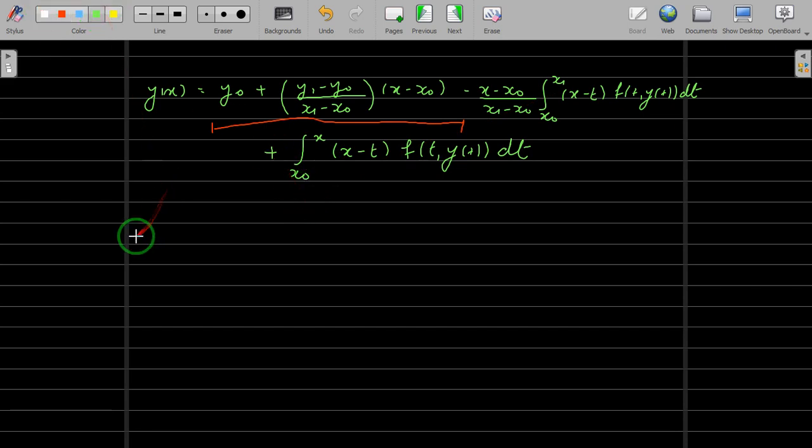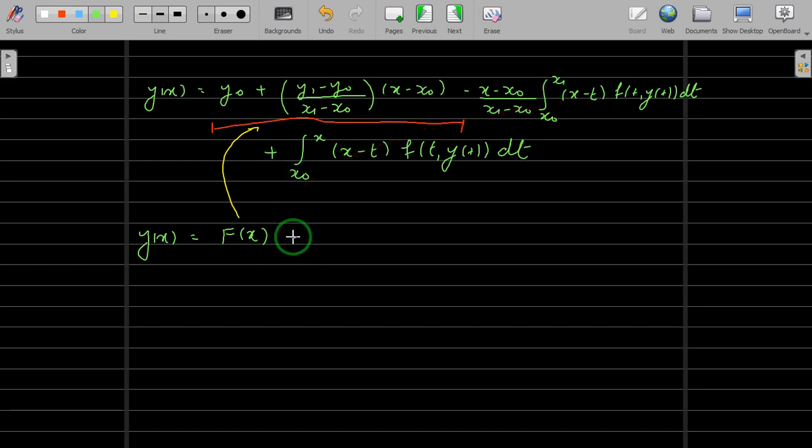So what you do is, let me write this as y of x is equal to capital F(x), where this F(x) is nothing but this entire function what you have. So F(x) minus, now what you do is one integral you have from x0 to x and another integral you have from x0 to x1. So you split this integral from x0 to x1 into x0 to x and x to x1.